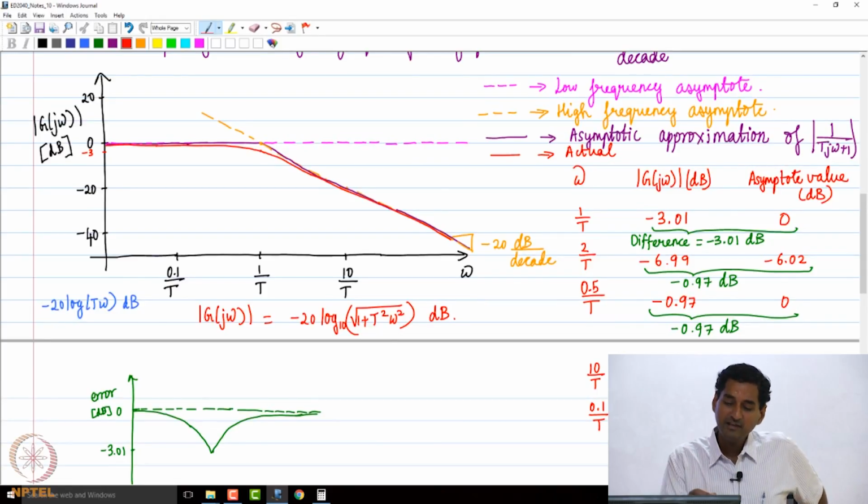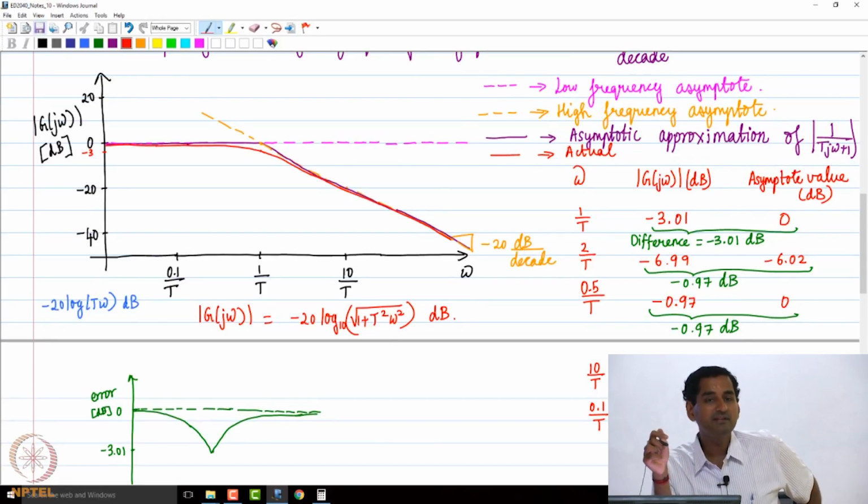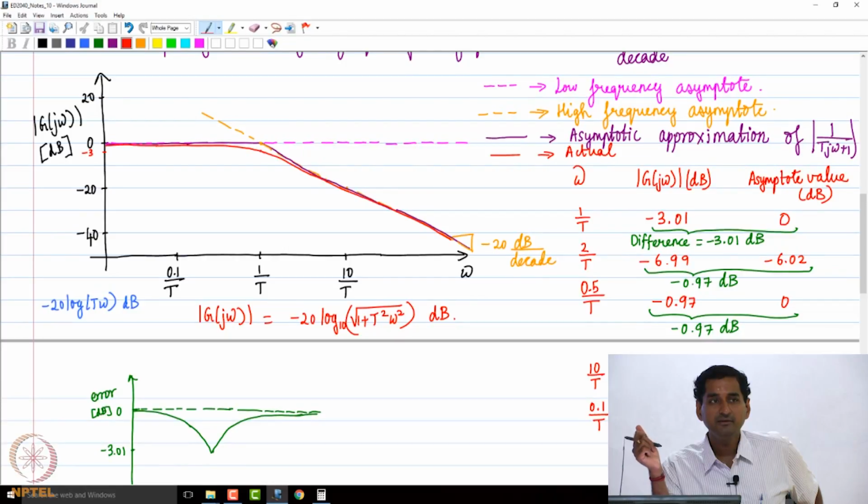So if you look at the magnitude plot of this factor 1 by Ts plus 1, right, what can you immediately say about its characteristic? Does it appear familiar with something which you already learned? So you can observe that it has the characteristics of a low pass filter, right.